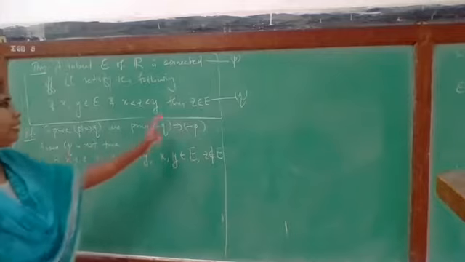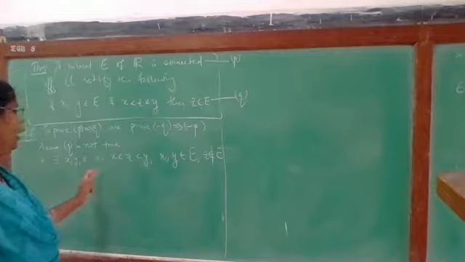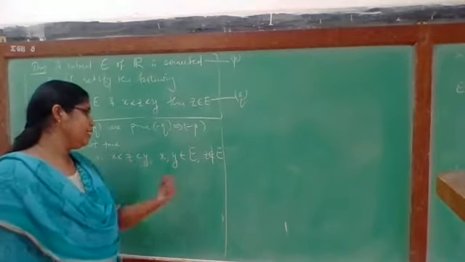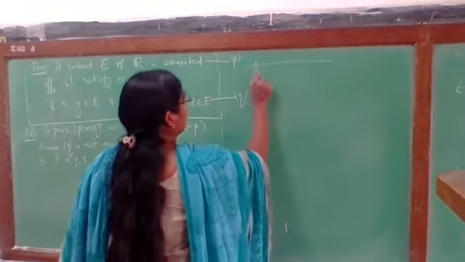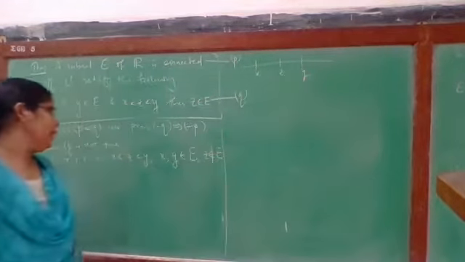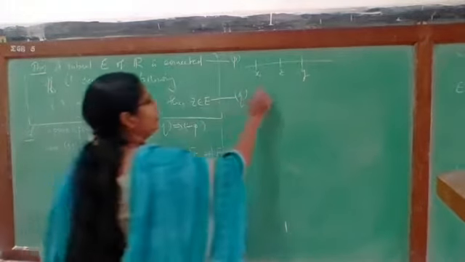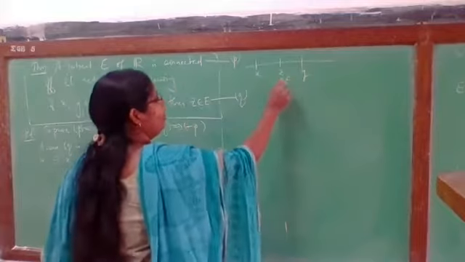If we assume the statement Q is not true, we have three real numbers satisfying this condition. Both x and y belong to E, but z is not an element of E.